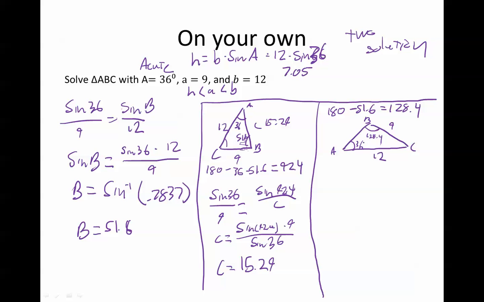Knowing the two angles in here, I can find the third angle. It's 180 minus 128.4 minus 36, which makes it 15.6. And knowing that this is 15.6, I can then use law of sines to find my final side.